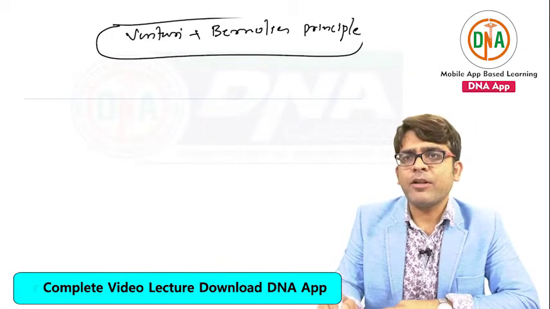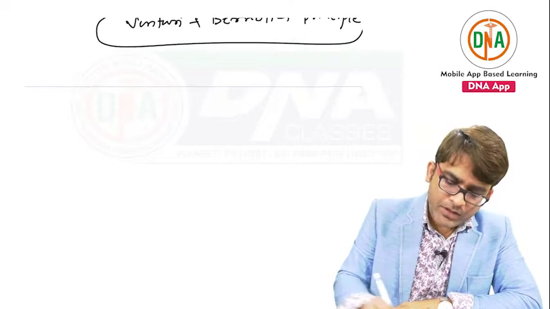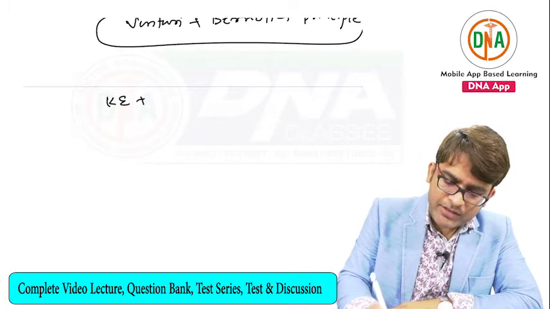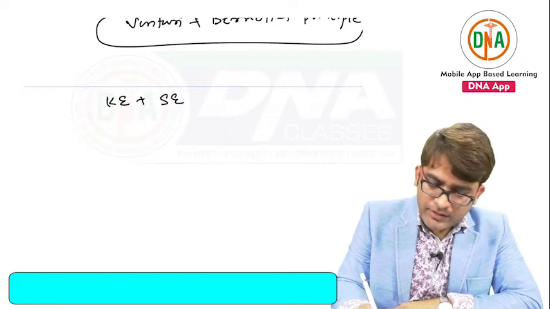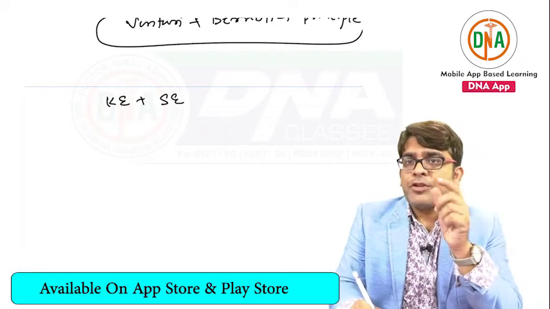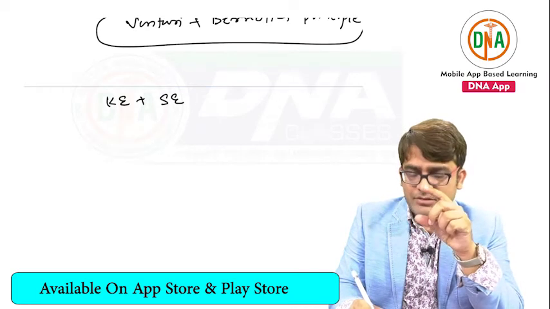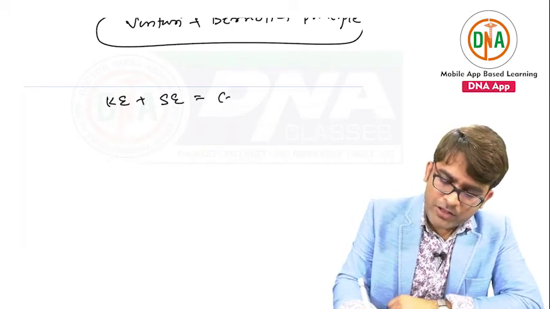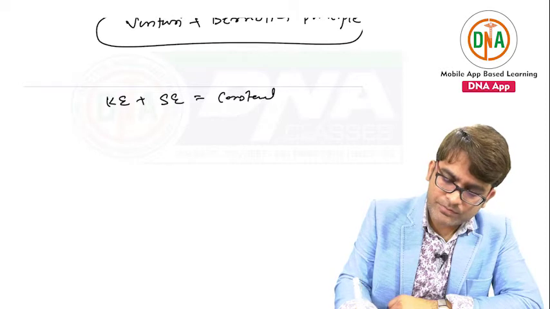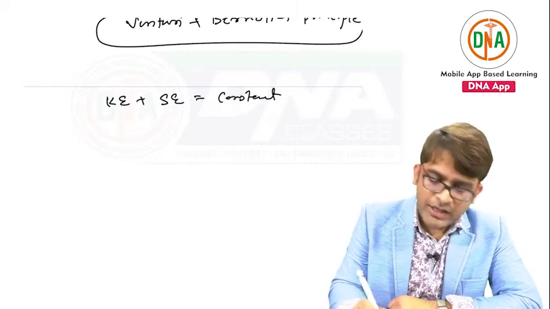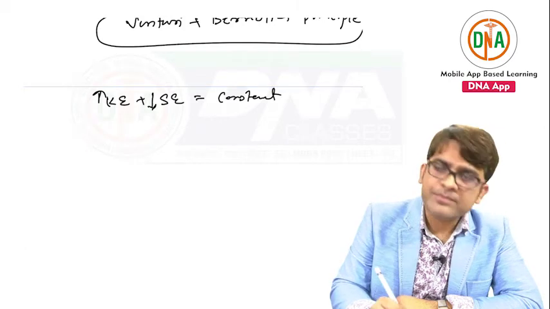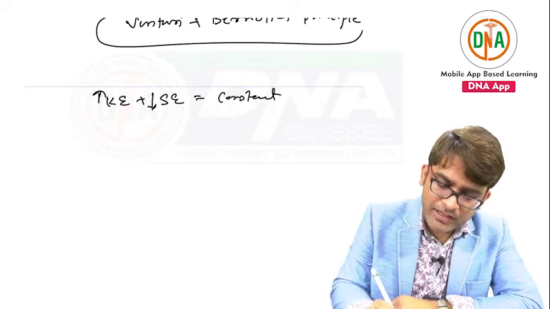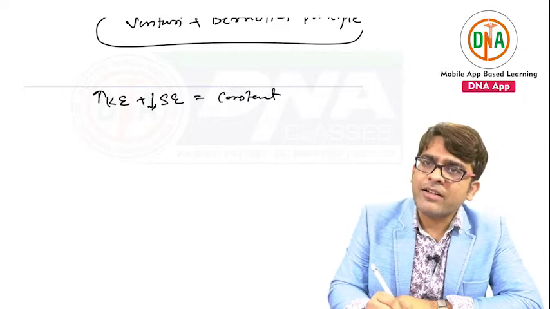The Venturi and Bernoulli principle is that kinetic energy plus static energy, the mixture of kinetic energy and static energy, is always constant. Getting my point? If you increase kinetic energy, the static energy will decrease. And if you increase static energy, the kinetic energy will decrease.